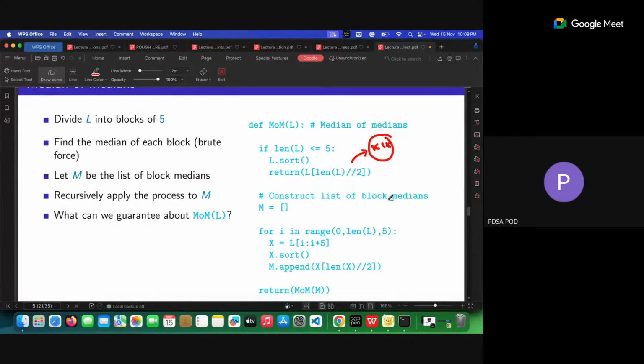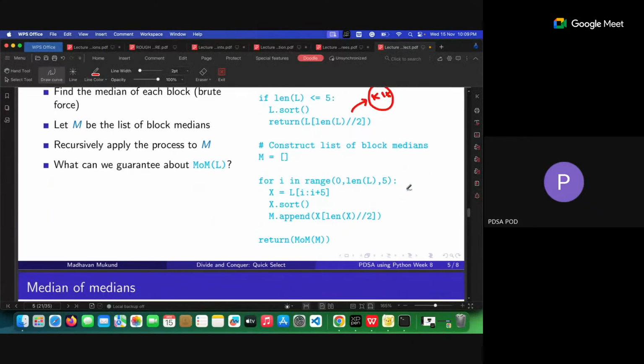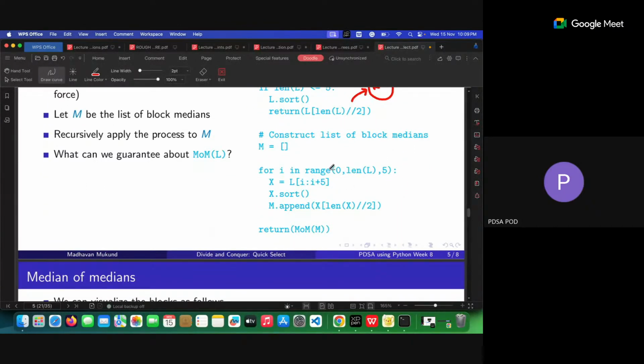Otherwise, we construct it. What we construct is: from 0 to length, but every time the step of increment is 5. What is the step of increment? First time, 0 to 4 is one particular range of values.